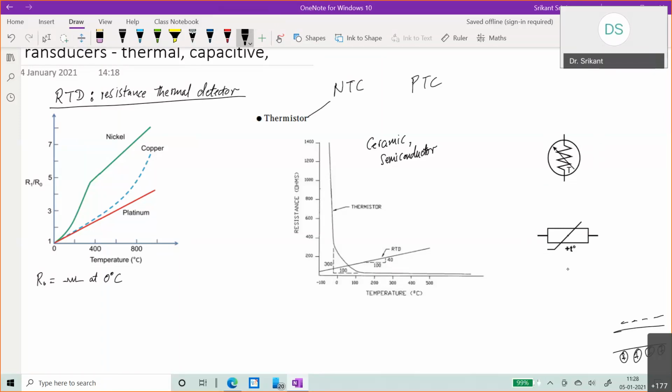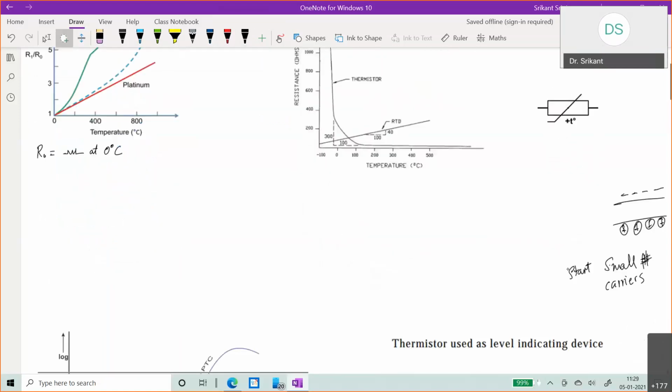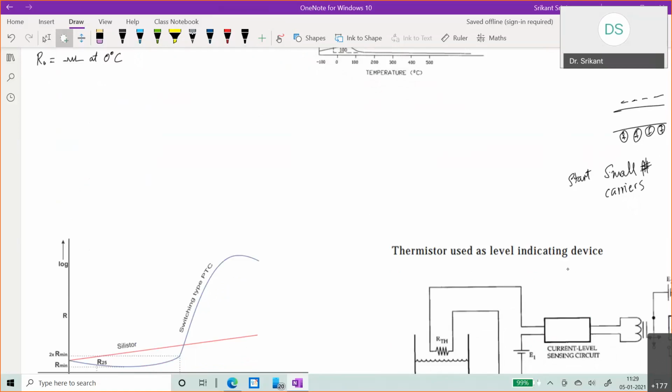The thermistor has a negative temperature coefficient, and the RTD has a positive temperature coefficient. So in one case, the resistance increases with temperature, and in the other case, the resistance reduces with temperature. So you can have different uses.